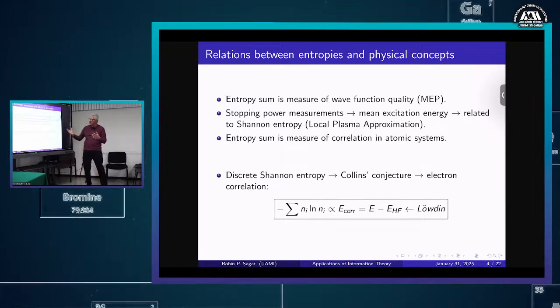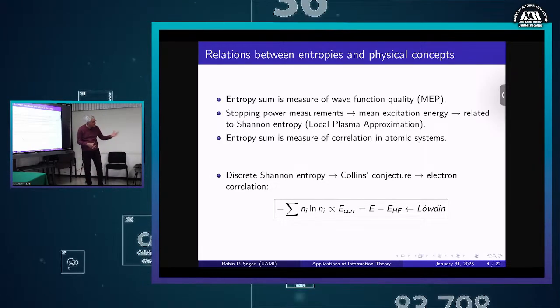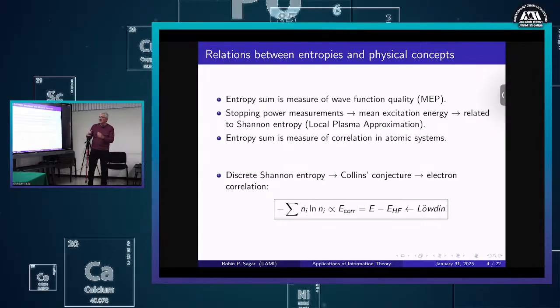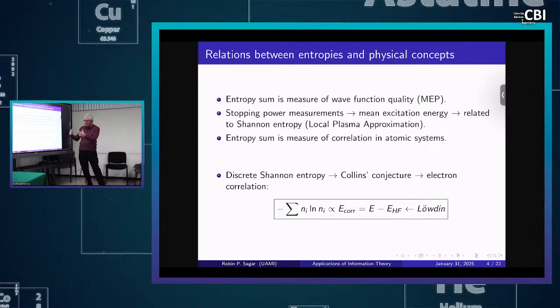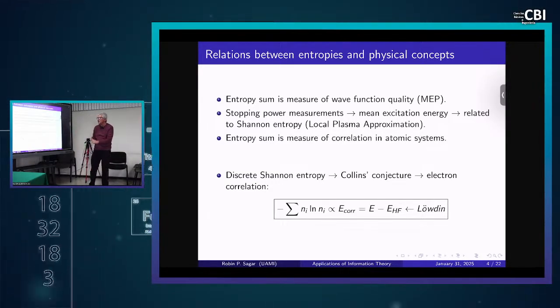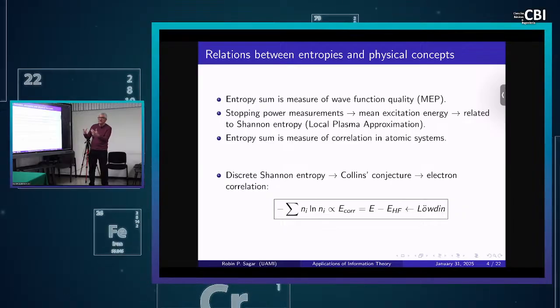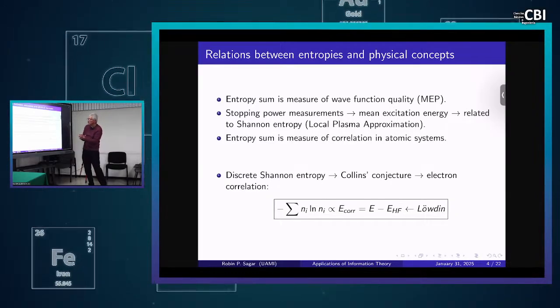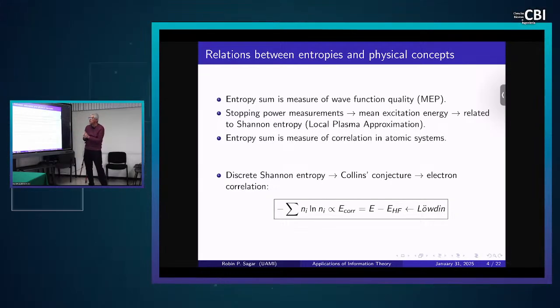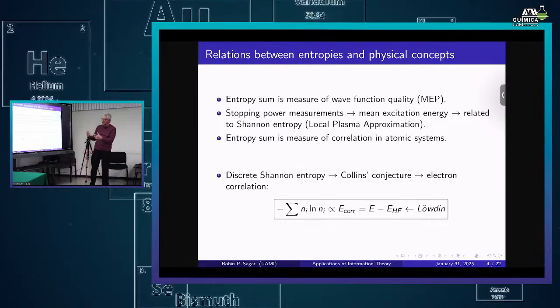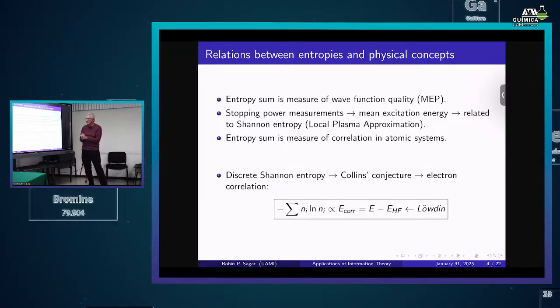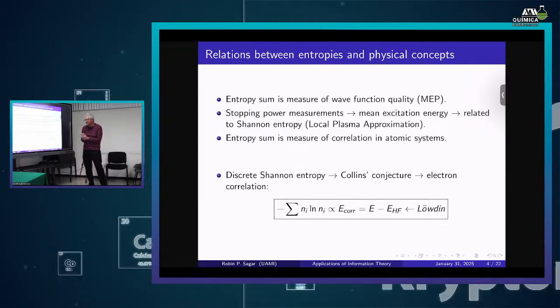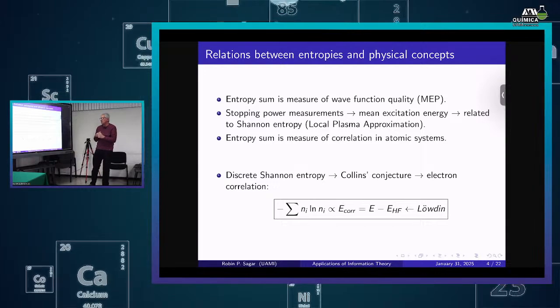Also, very briefly, Rodolfo mentioned this in his talk. Shihai actually showed some calculations a while ago where you can use a discrete form of Shannon entropy using the eigenvalues of the one-matrix, and this could be related to the correlation energy, okay?